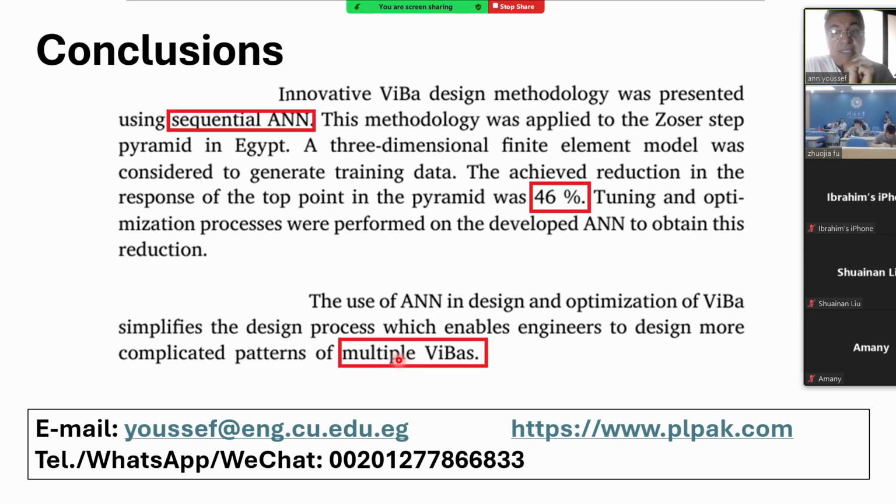And I think this Viba idea is very promising. We have to thank Professor Piero Pecchiola for this idea. And the idea of using neural networks for the design is also very promising. These two together, we can design a lot of vibrating barriers for any monuments all over the world.